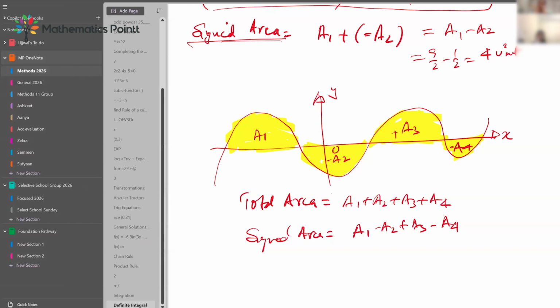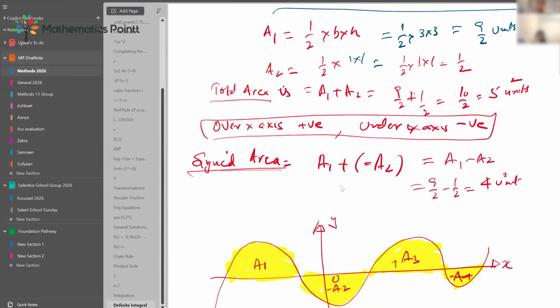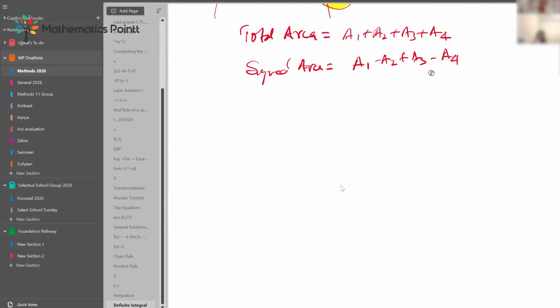Now, I will still consider this example and I'll connect the dots, right? When we talk about definite integral, let's understand what is indefinite integral. Indefinite integral is whatever we've been doing so far. So if I say x squared dx, what is x squared dx? X cubed over 3 plus c. This is indefinite integral.